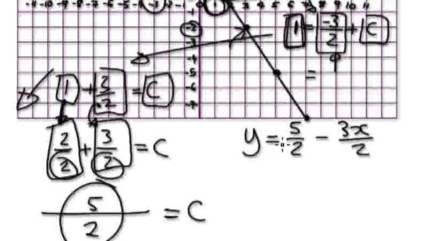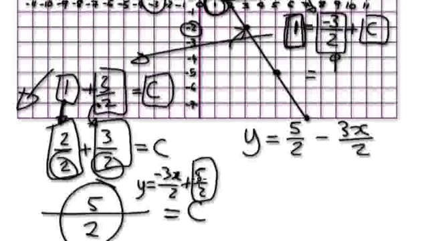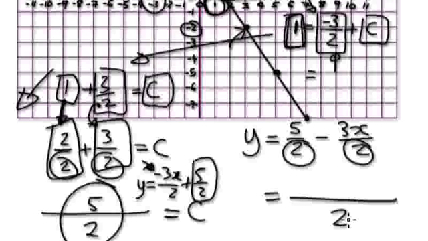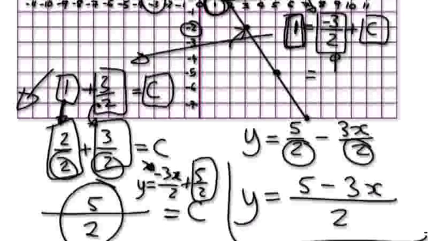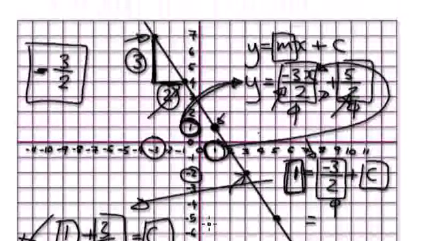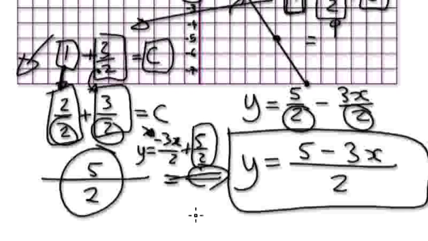It looks a lot neater rather than having this uncomfortable minus in front. Now the two denominators are the same, we can merge. So it would be 5 minus 3x, over 2. So the equation for the line above is given by this. Okay, it's given by that.